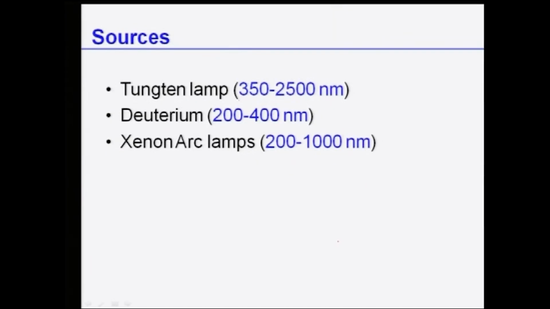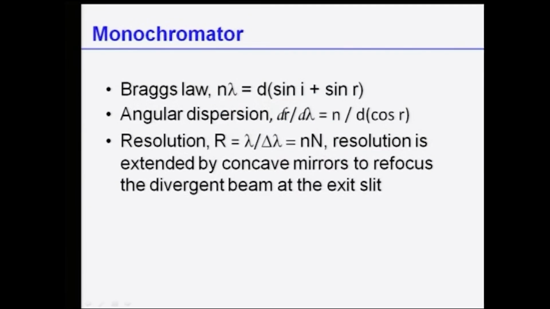As I said, different lamps can be used. You can use general lamps also, and the monochromator basically applies Bragg's law. This is Bragg's law: n lambda equals 2d sin theta, which can be written as d (sin i plus sin r). It has an angular dispersion given by n by d cos r, where r is the reflected beam and i is the incident beam.